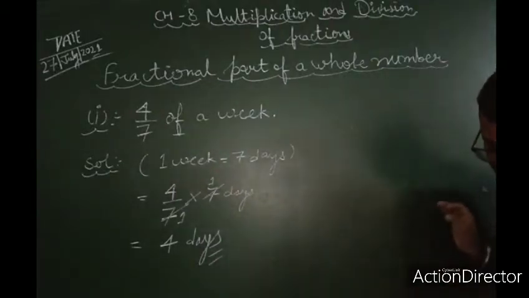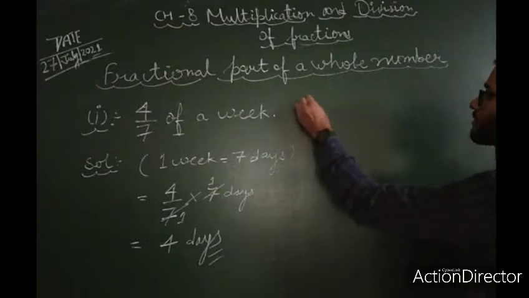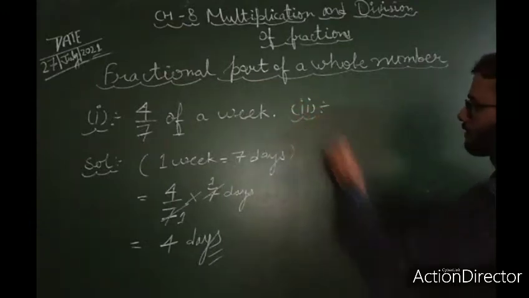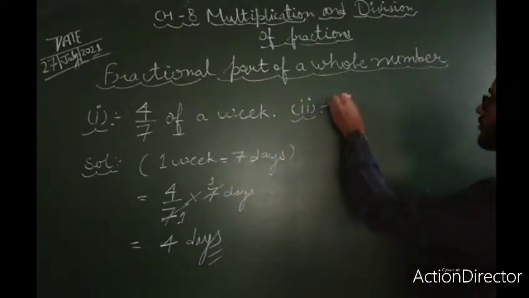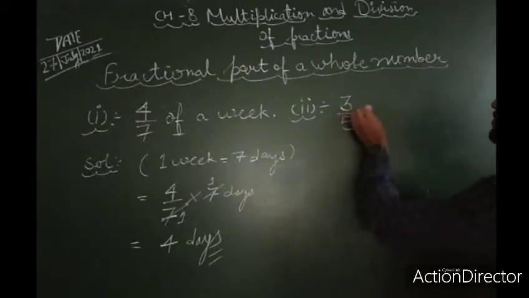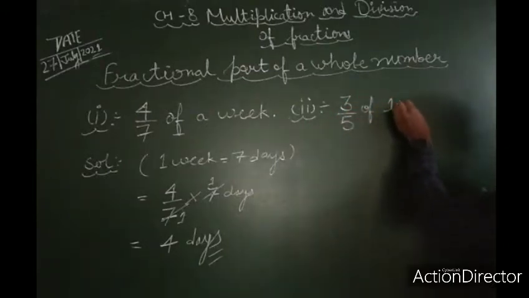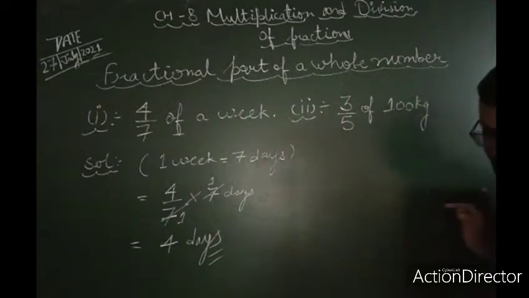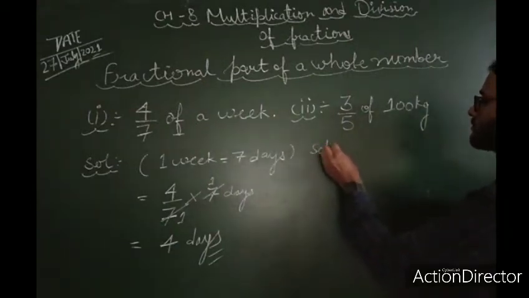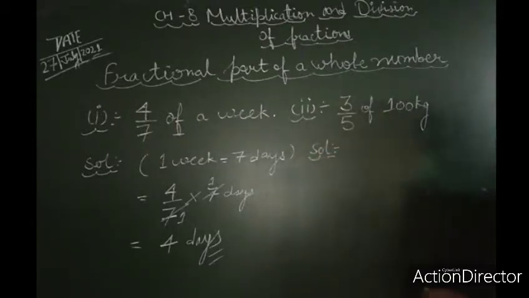Now here we take another example. 3/5 of 100 kilogram. So here we apply the same rule. We replace this "of" by the multiplication symbol.